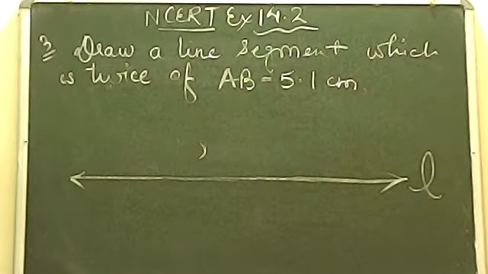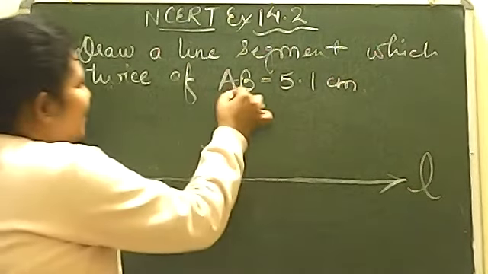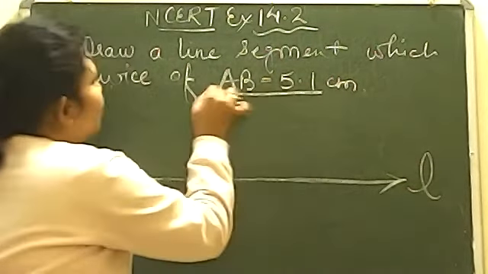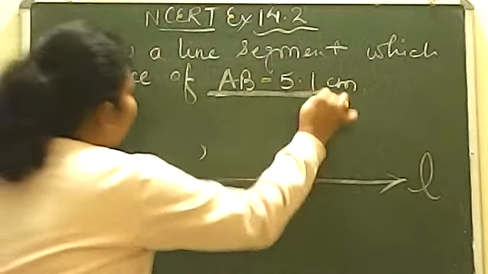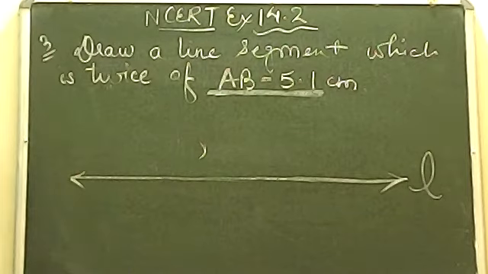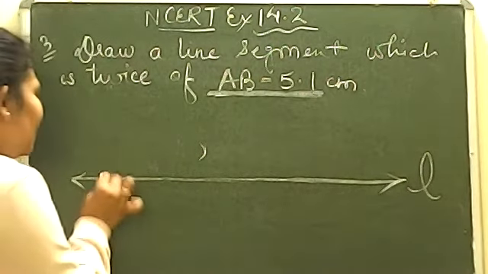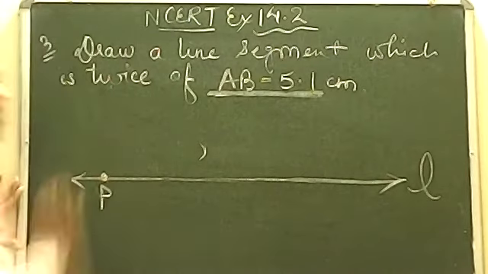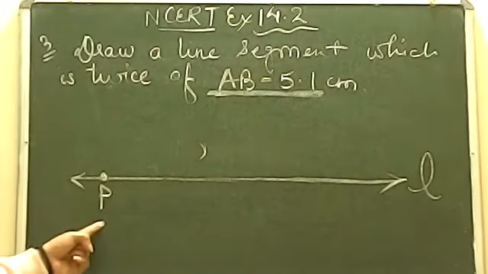Okay. Now I have to draw a line segment which should be twice of AB. So I cannot choose name A or B anywhere. I will be choosing any name other than A and B. So I am taking here this time P.